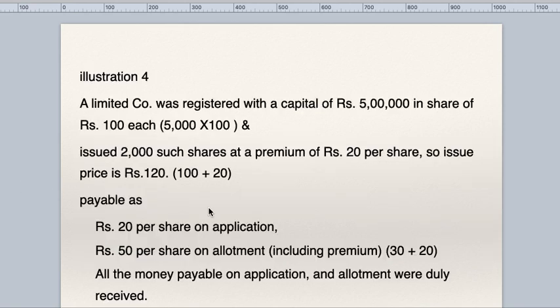Next entry is you are supposed to show allotment money due and allotment money received. 2,000 into 50 is due. Out of that, 30 should go to capital and 20 should go to securities premium.